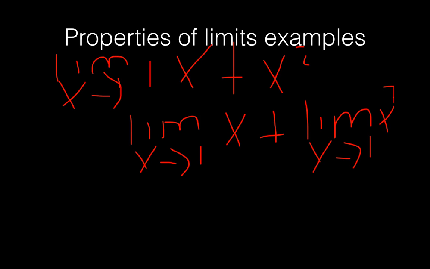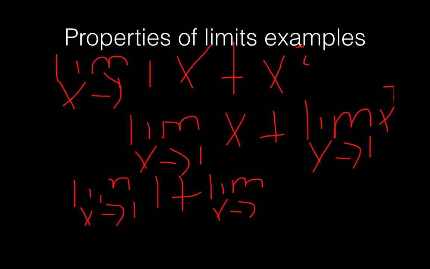Then you can just direct substitute and say the limit as x approaches 1 of 1 plus the limit as x approaches 1 of 1 squared, because I substituted 1s for x's, equals 1 plus 1 squared, which equals 2.